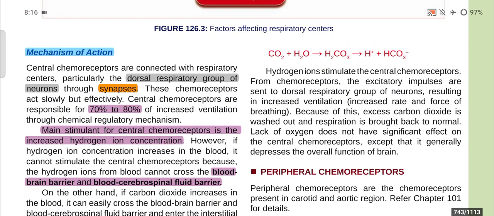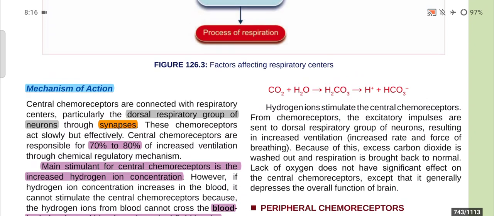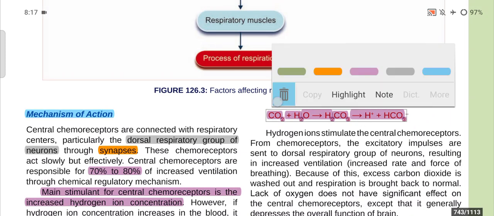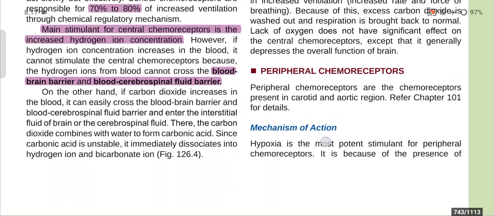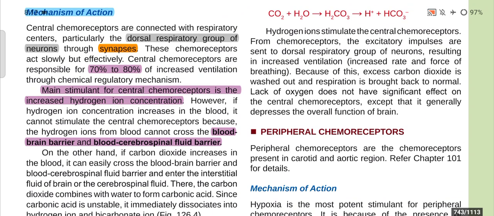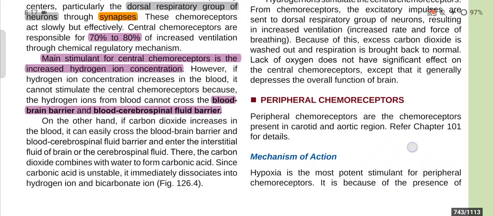The mechanism is CO2 plus H2O forms H2CO3, which is unstable and converts into H+ and HCO3-, the bicarbonate ion.